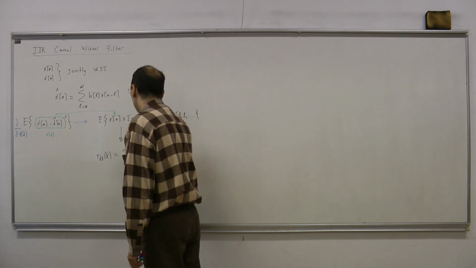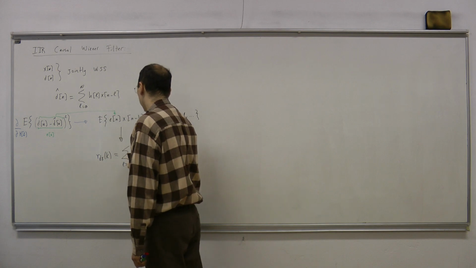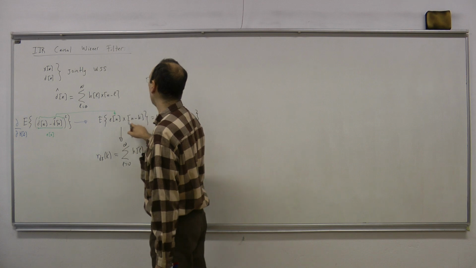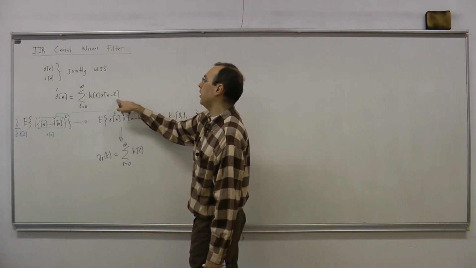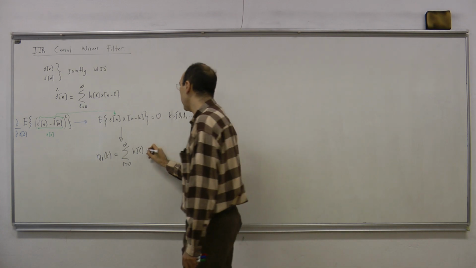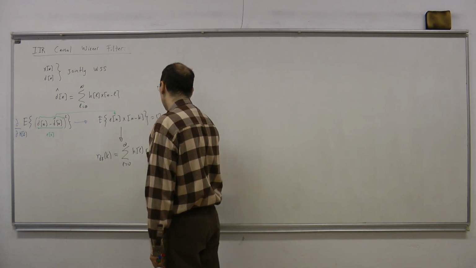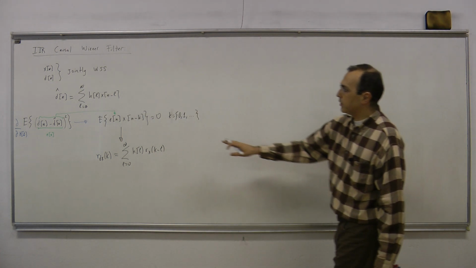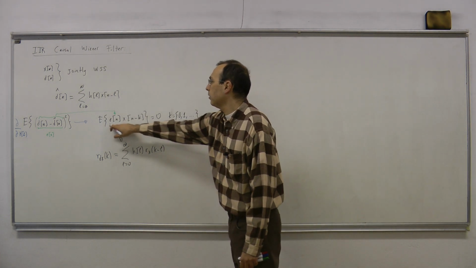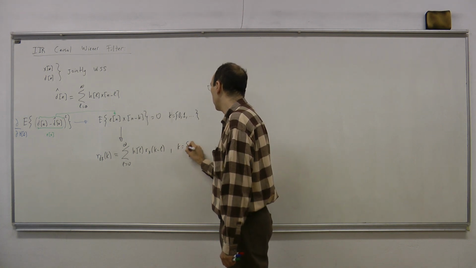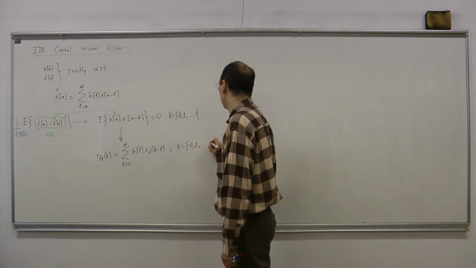Okay. So let me write this. Then I have x of n minus k times x of n minus l in the argument of the summation. If I take the expected value, I get r_x of k minus l. Okay. So this is an equation representing, again, this orthogonality principle. Of course, this should be valid for all k.